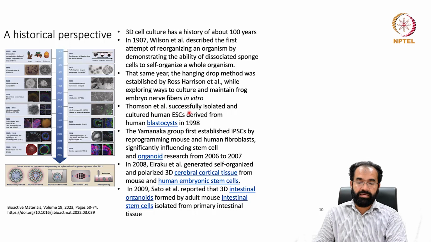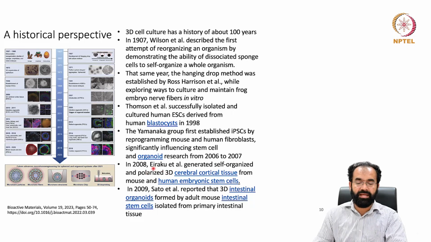Thomson et al. later successfully isolated and cultured human embryonic stem cells derived from human blastocysts in 1998. That was the beginning of the so-called stem cell era. Later, the Yamanaka group first established iPSCs by reprogramming mouse and human fibroblasts, significantly influencing stem cell and organoid research from 2006 to 2007.